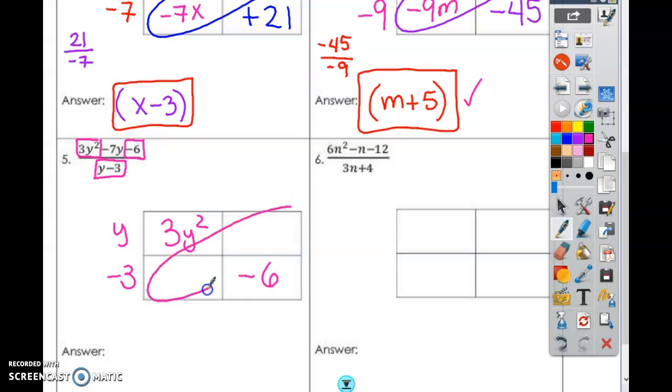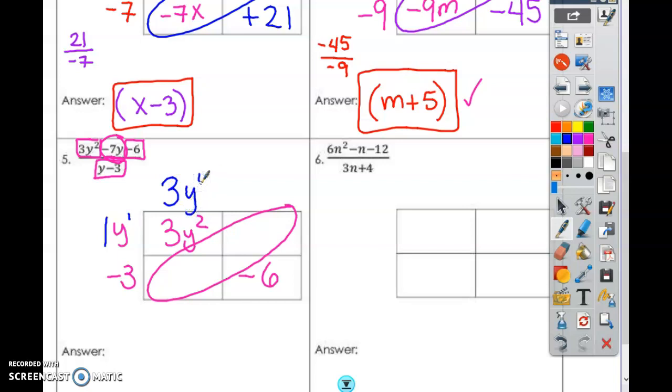When I add these two, it's supposed to give me that negative 7y. Right? So then we start dividing. This is a 1. So 3 divided by 1 is 3. 2 minus 1 is 1y.